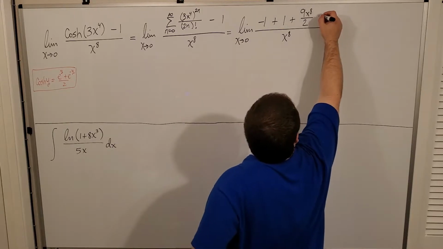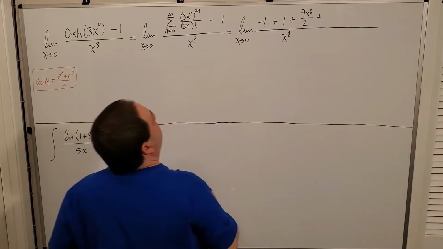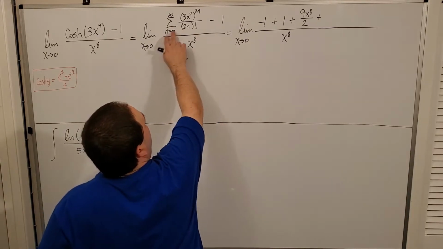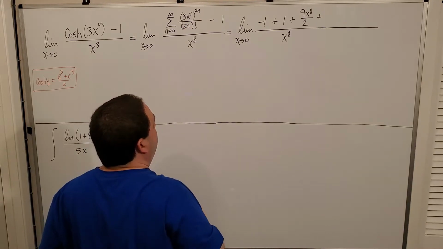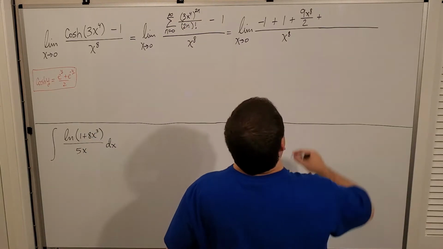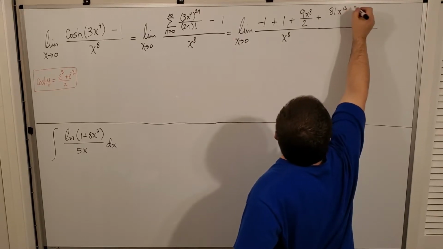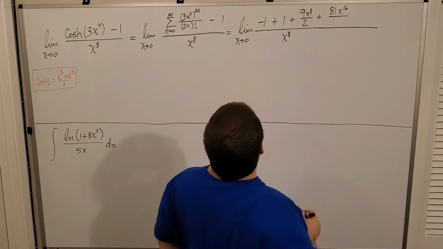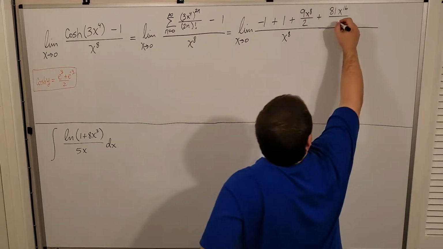Plus, when n is 2, I'll have 3x to the 4th to the 4th. So that would give me 81 x to the 16 over 2 times 2 is 4, 4 factorial is 24.